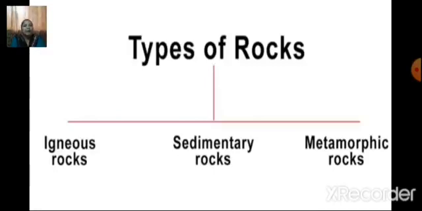And metamorphic rocks: meta means to change, morph means form. So metamorphic rocks are formed when the already existing rocks, upon coming in contact with extreme pressure and heat, change their form. So let us discuss rocks in detail.